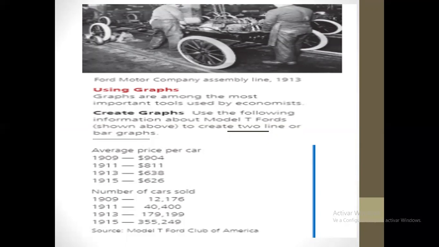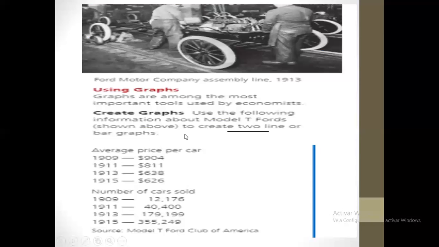In the assessment, you're gonna find the same picture that you see over here. And what it says over there, it says using graphics. Graphics are among the most important tools used by economists. Create graphic. Now you have to create graphic using this information over here. This is one chart, and this one is another chart.